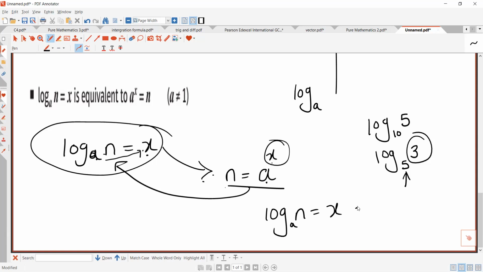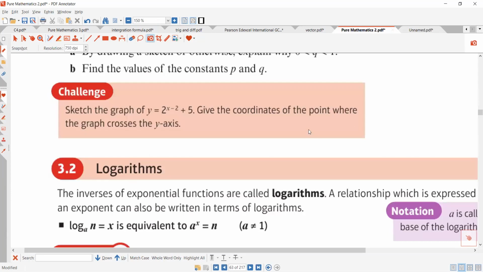I'm talking about Sujata, Salma, Mariam. You guys understood? Okay. Now, let's continue to the next concept.